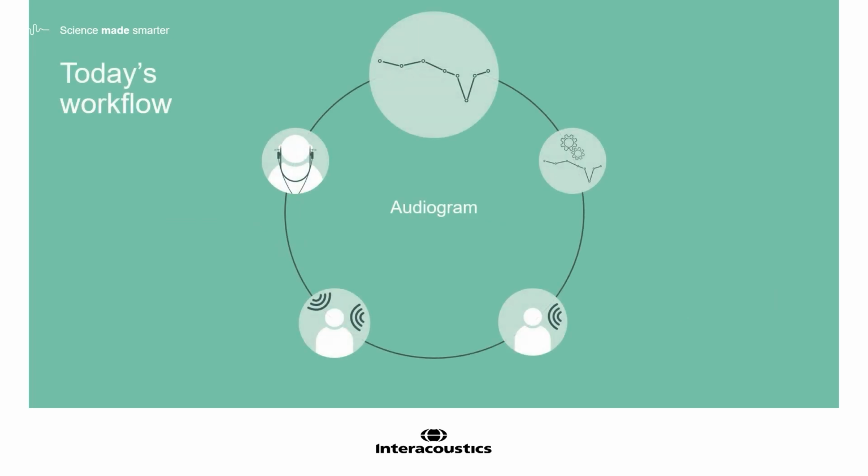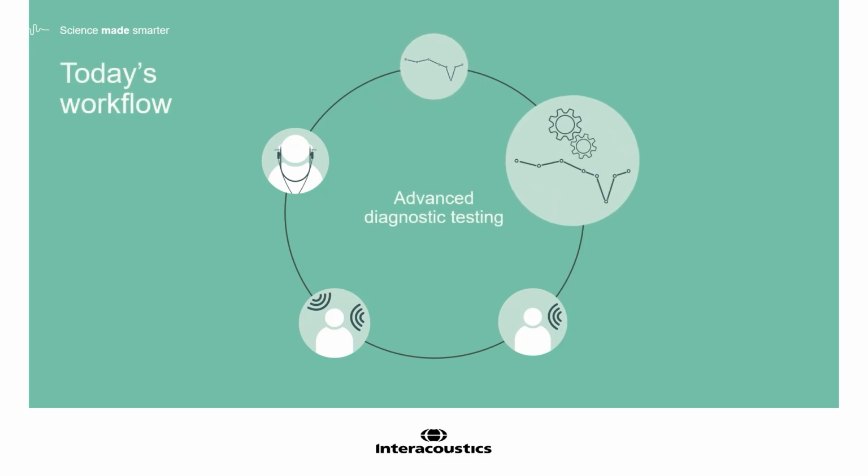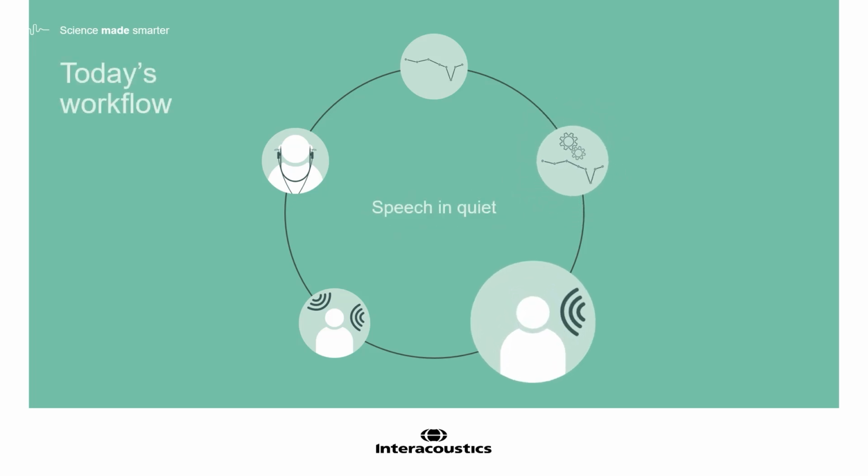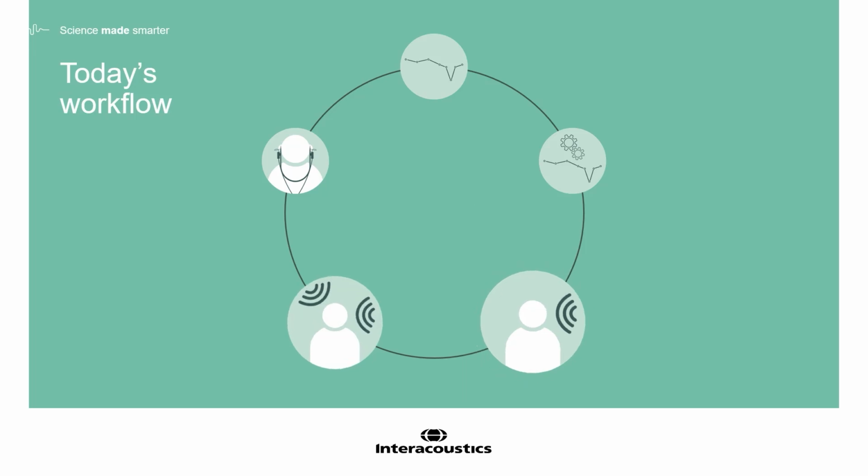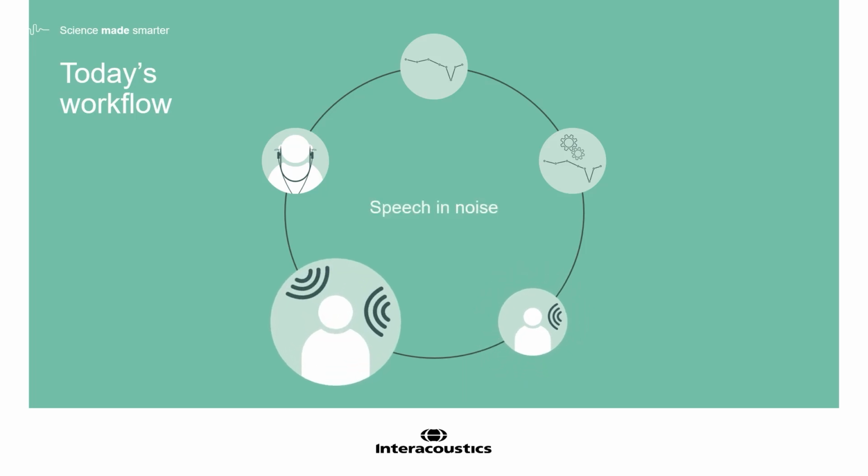On the next few slides, we're going to walk through the typical patient workflow based on today's standards. We're typically starting with an audiogram, then moving on to advanced diagnostic tests when needed, such as the 10 test. Speech and quiet testing is often performed, SRT, word rec, MCL, UCL, etc. And at times, we're moving on to speech and noise tests like the QuickSIN, ANL, things like that.